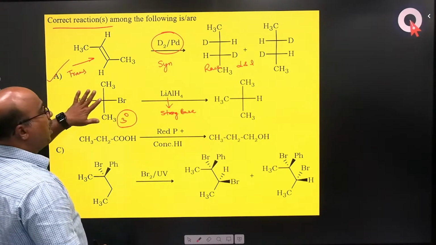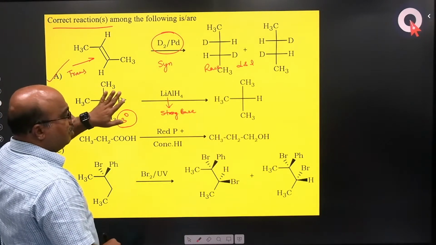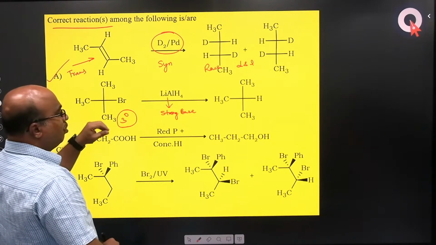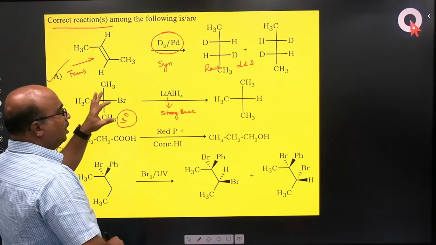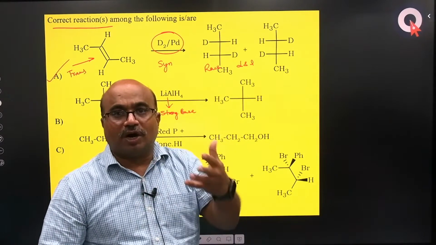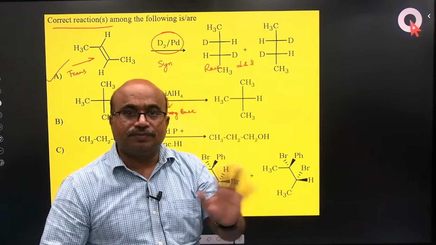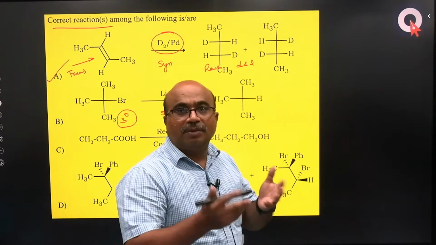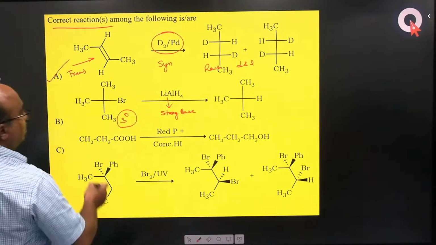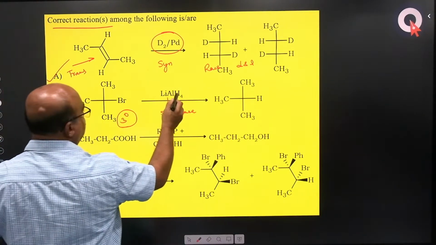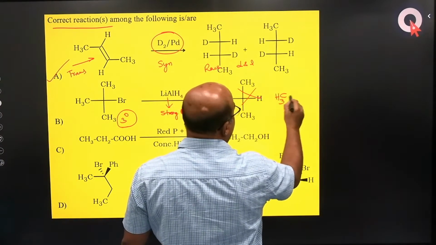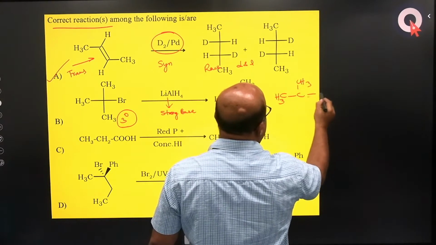With tertiary alkyl halides, substitution is not possible. Only tertiary will give a substitution reaction under neutral conditions, meaning when you use water, you can replace Br with OH, and with alcohol, we can replace the halogen with OR. That is only possible with tertiary. But tertiary alkyl halide with lithium aluminum hydride will actually give alkenes, that is CH3, CH3 and double bond CH2.